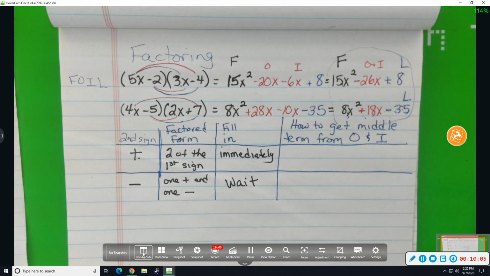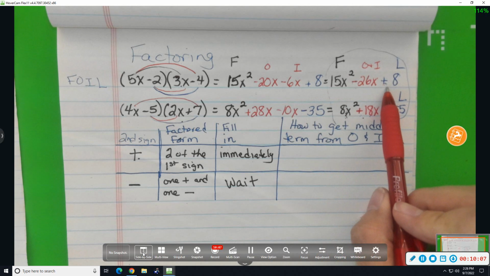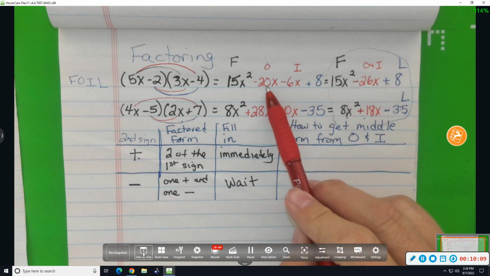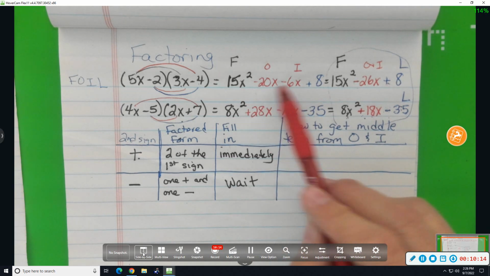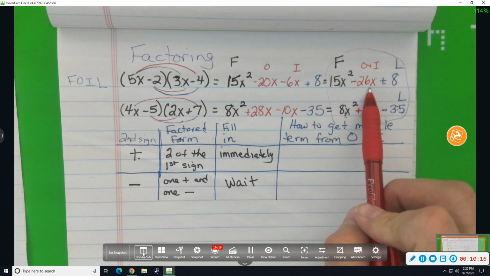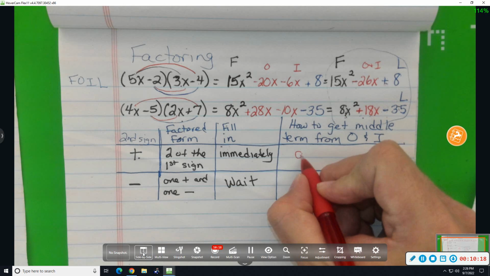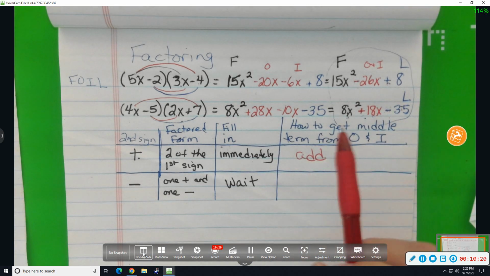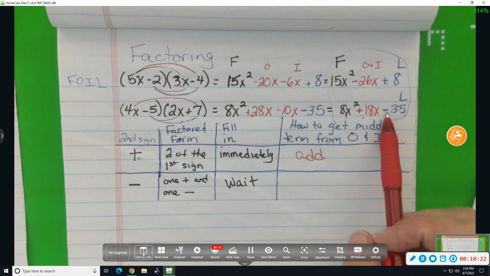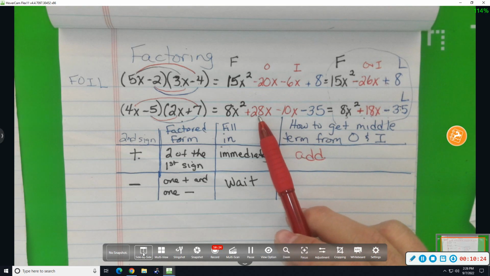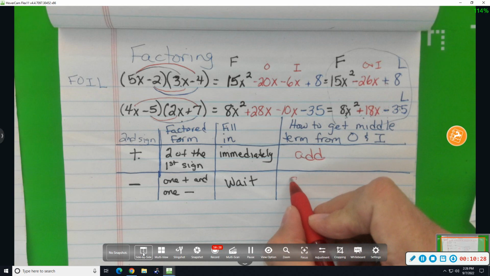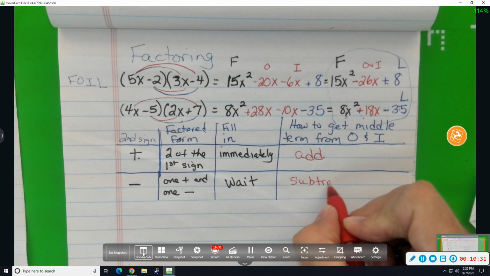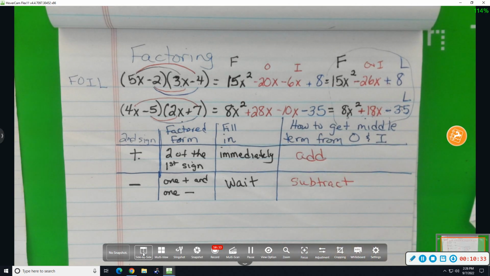Well, looking up here where the second sign was plus, you have a negative 20x and a negative 6x. You add those numbers together to get that negative 26. Whereas when the second sign is minus, like the 28 and the 10x, you're subtracting those.